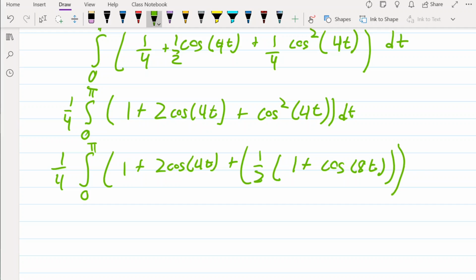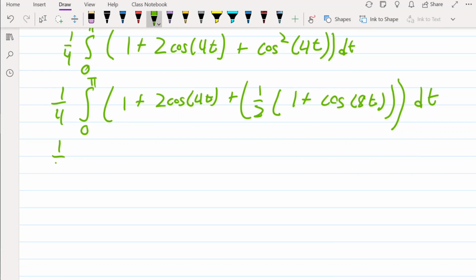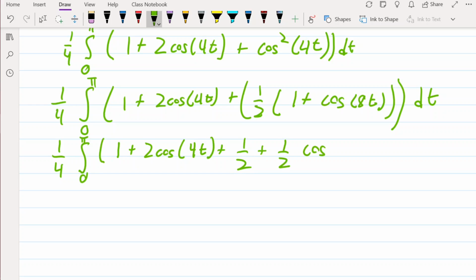Then I need to do this, and then it's dt. Okay, so then it'll be 1/4 from 0 to pi of 1 plus, oh, that's not a plus, 2 cosine 4t plus 1/2 plus 1/2 cosine of 8t dt.